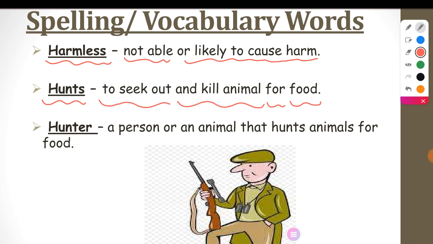And also, there are wild animals in the jungle seeking out and killing animals for food, like lions and tigers, right? They are wild animals that normally only eat meat of any kind, as long as it is meat.